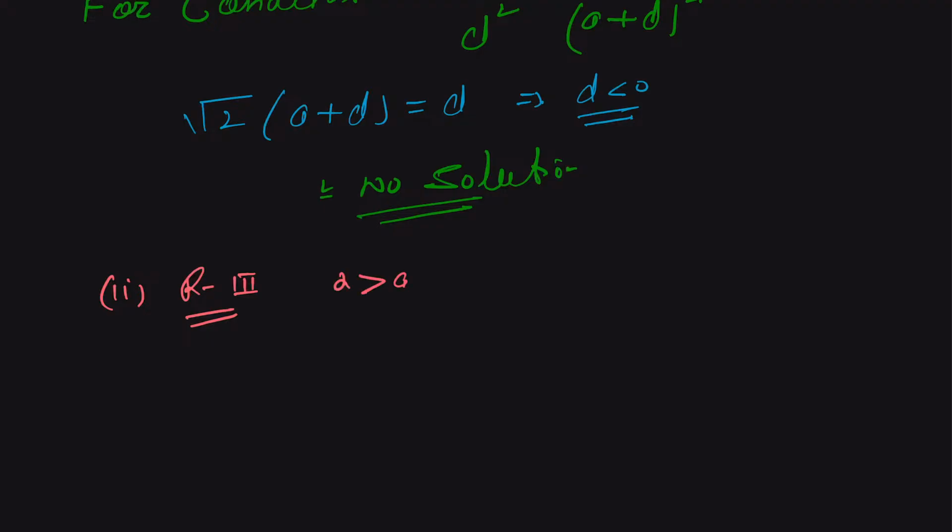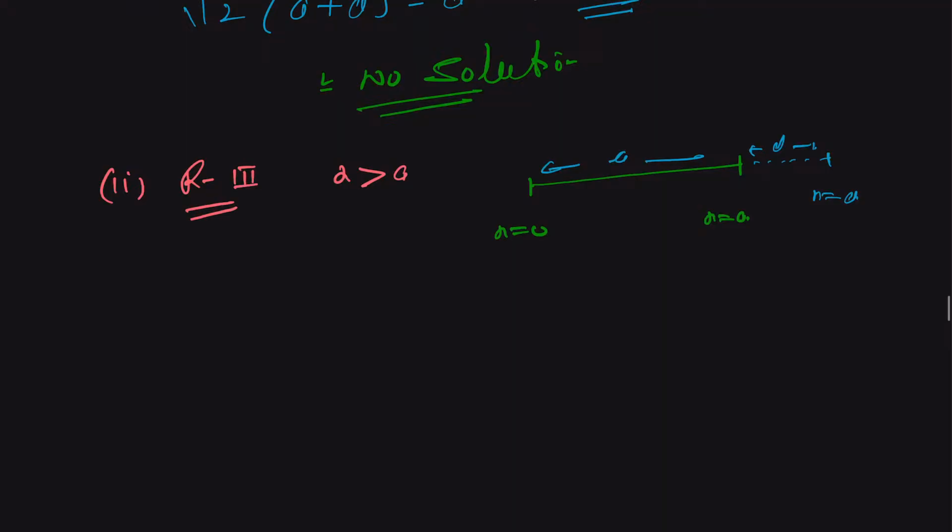Same, we are going to just, this is our x is equal to 0, x is equal to a, and we consider a point that is x is equal to d, and this distance is our a, and this distance is our d. Same thing, but on the other side, on the right side basically.